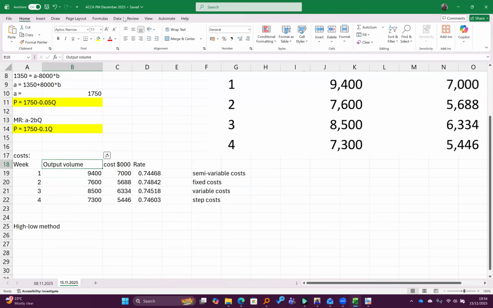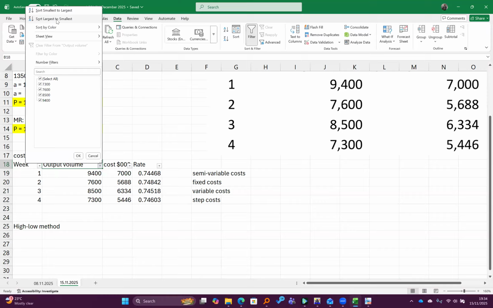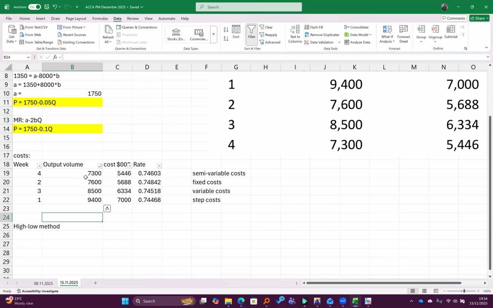So let's try to actually sort this data. So this is the lowest volume, this is the highest volume. So we get the difference between the two volumes and also the corresponding costs.